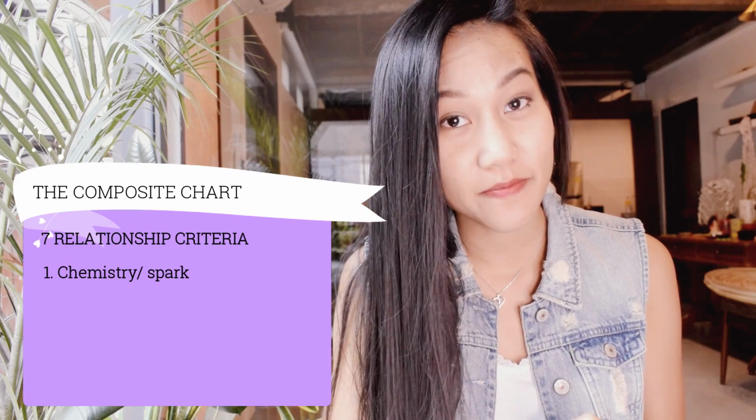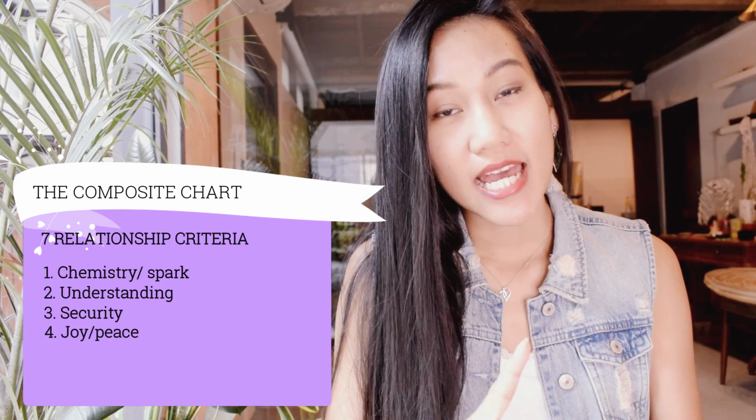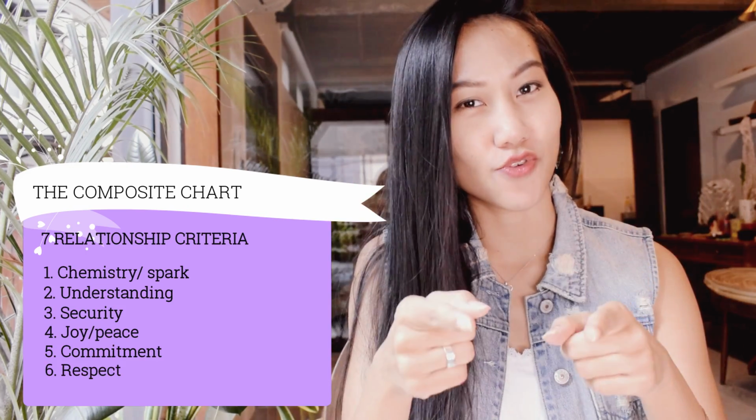What are some of the criteria that you need in your relationship dynamic? So in general, there are about 7 criteria that we need in a relationship, and that includes, of course, chemistry and spark, understanding, security, joy and peace, commitment, respect, and you.